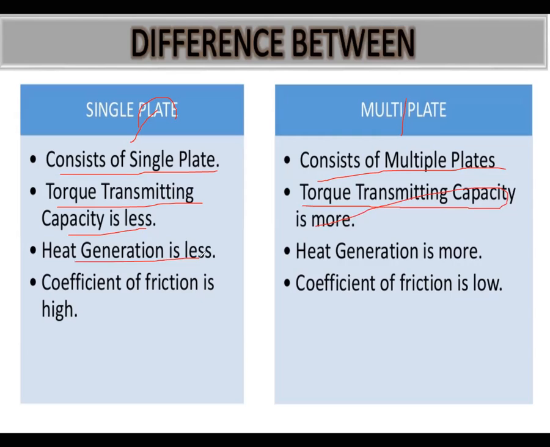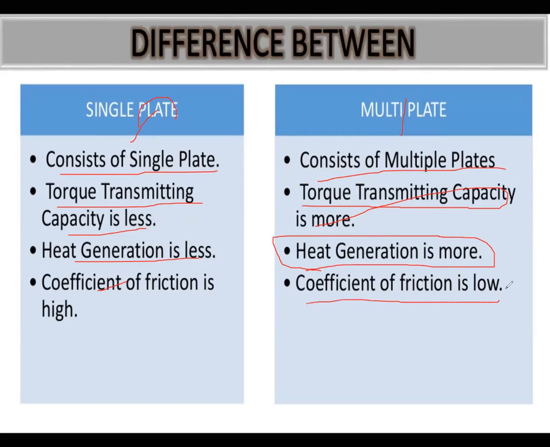Heat generation is less because only one plate is there. Here there are a number of plates, so heat generation is more. In the single plate, the coefficient of friction is high because friction generation is less, but here generation is more.